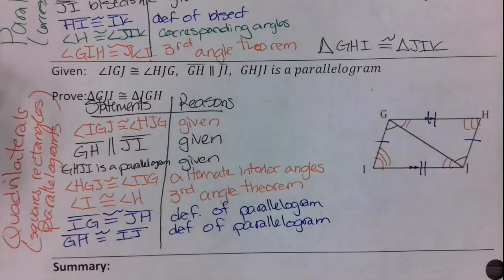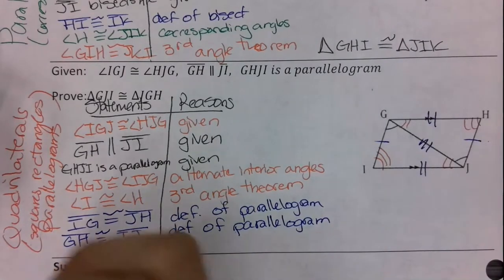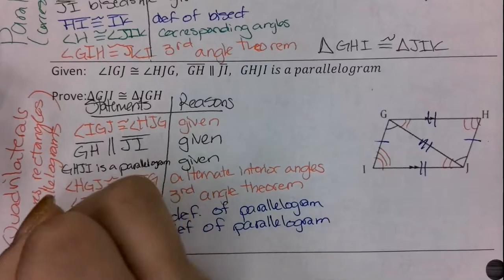But I'm missing my third side. So how is the third side congruent? There's one parallelogram, but there's two definitions of it. So how do I know this side right here in the middle is congruent? GJ and JG.